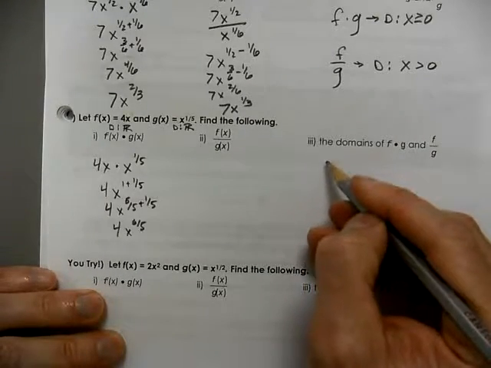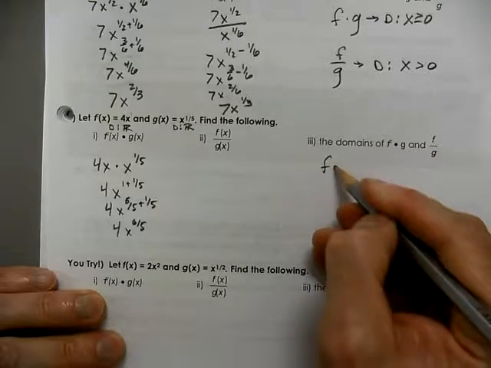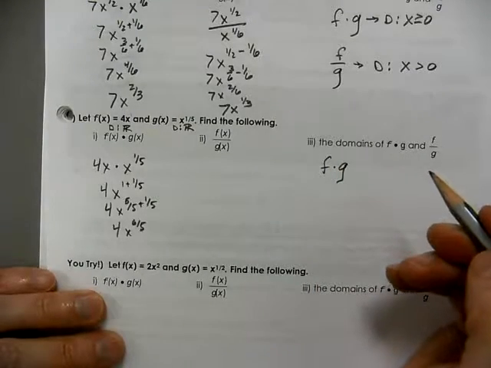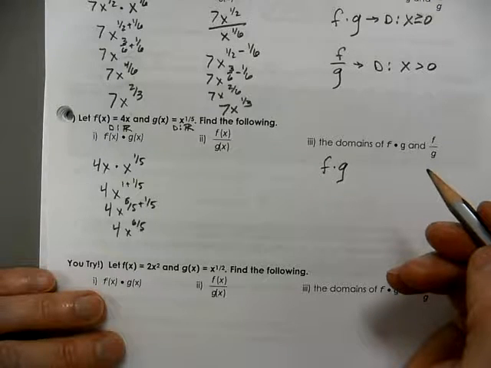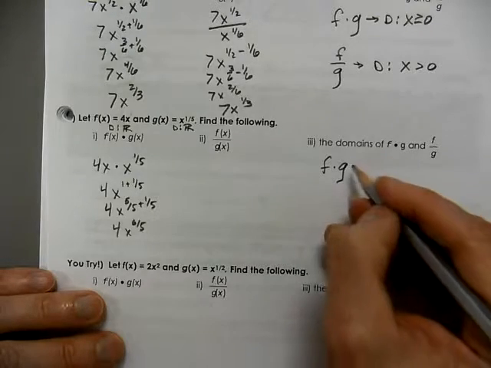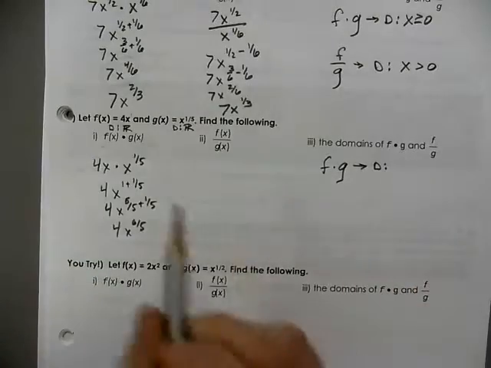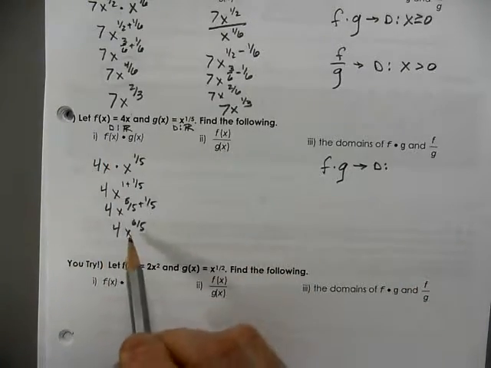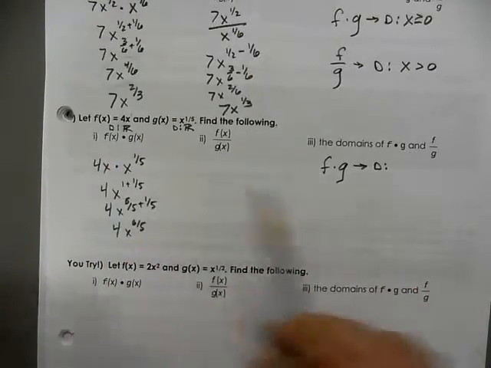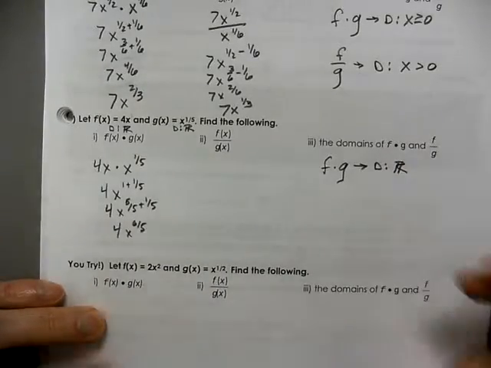So if nothing's changing, when we're multiplying these two functions together, that means we're going to add the exponents. We're going to be able to keep the domain that the parents had and what this has all in common. So it's all real numbers.